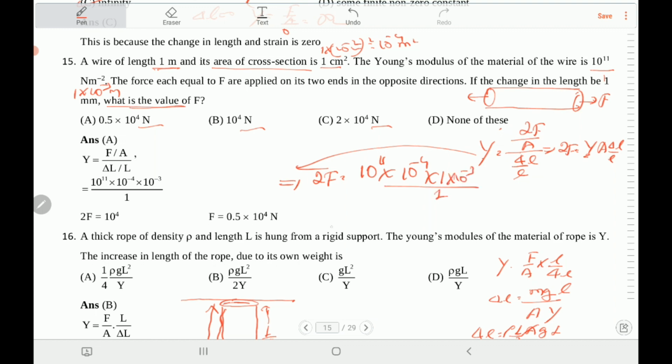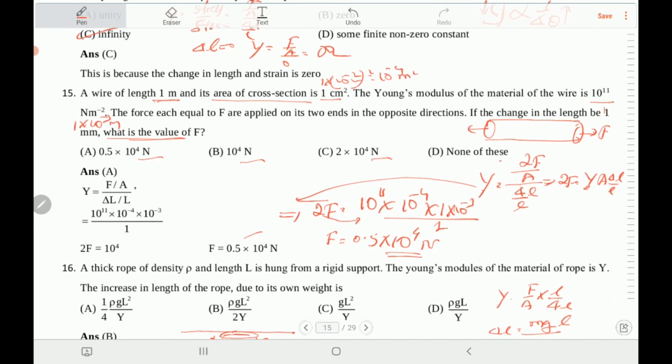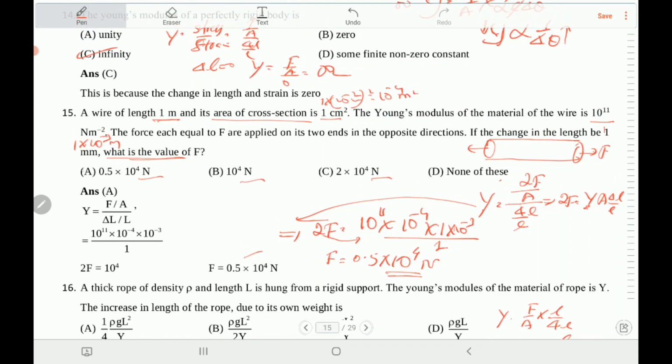That's it. So you solve for F. You bring it to the denominator. What's 1 by F? You get 0.5 into 10 raised to the power, do the power simplification, 4 Newton. That's it. The option in this problem is A. That's it.